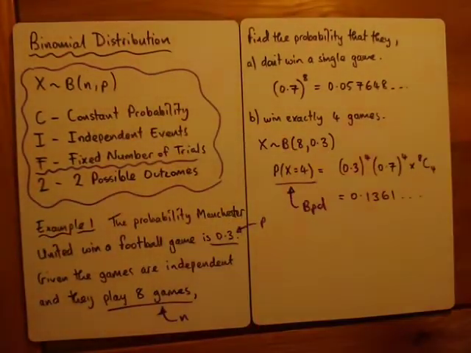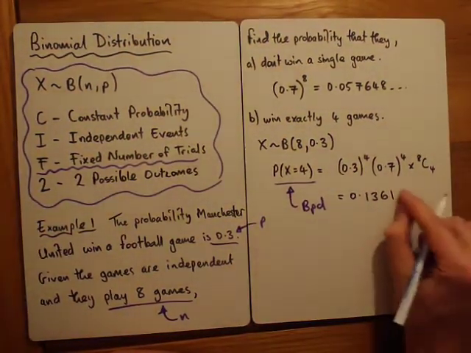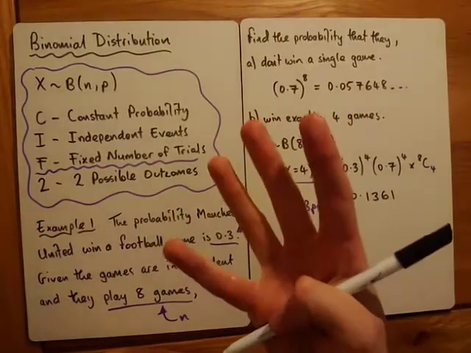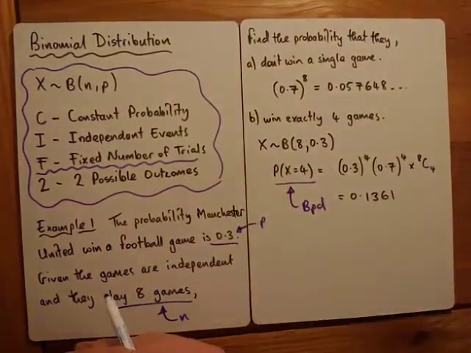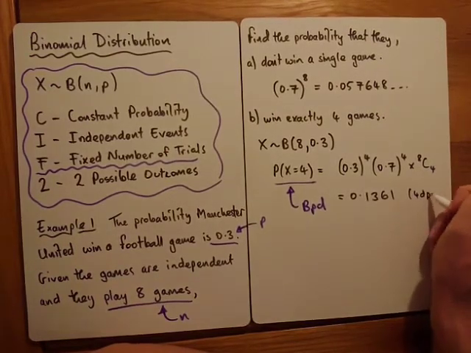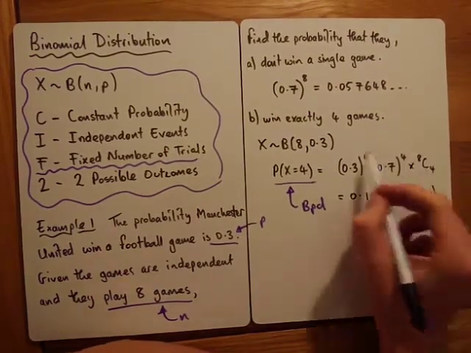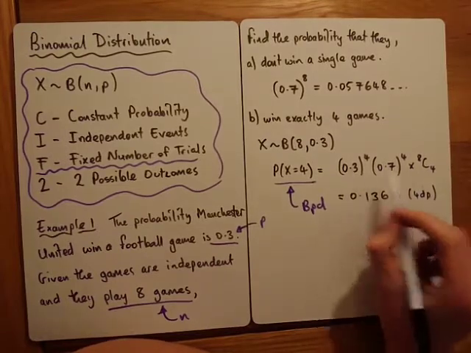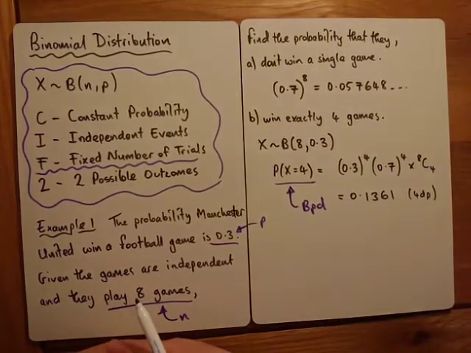And in statistics, you obviously get a lot of decimals. As a rule of thumb, I always use 4 significant figures. The mark schemes want you to use at least 3, so I'd use 4. And if you wanted to check if you did that calculation, it should give you 0.1361.